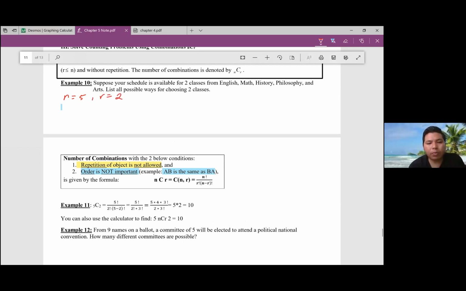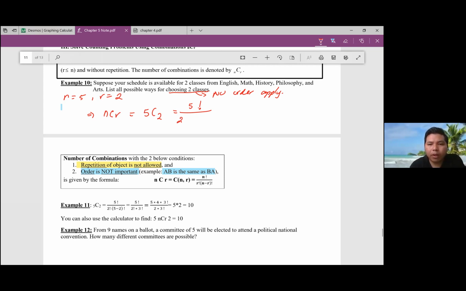I just want to choose 2 classes, so no order applies. I can choose whatever classes I like. In this case we just do nCr, which is 5C2. So we get 5 factorial divided by 3 factorial and then 2 factorial. All right, so I should do that.